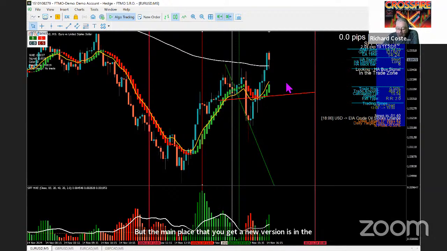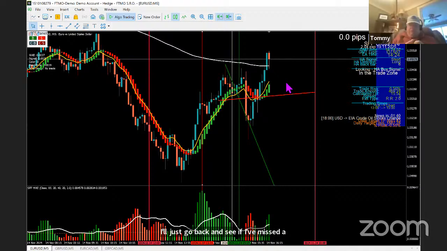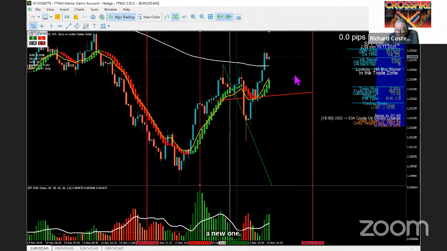So I'll just go back and see if I've missed a new one. Yeah, I think it must have come from Oliver. Well, Oliver puts them in the trading chat, and Paul occasionally posts them. And I've posted them as well, but that's the only place it can be. So it's worth trolling back and seeing if you can find it.